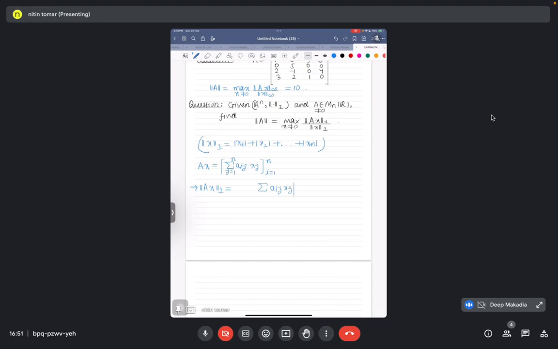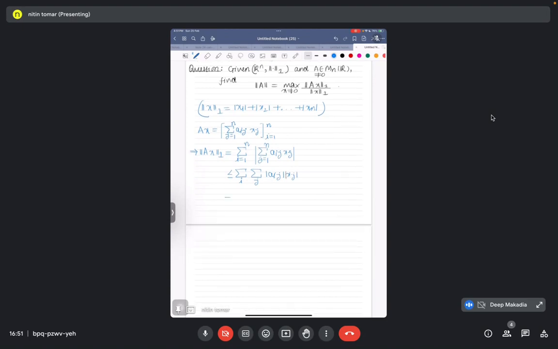So first is summation over j, and then you have to add over all i. Am I correct? If you use triangle inequality, where the sum is running over i, then you will get the sum running over j, then mod a_ij x_j. Am I correct? You know finite sums can be interchanged, right?